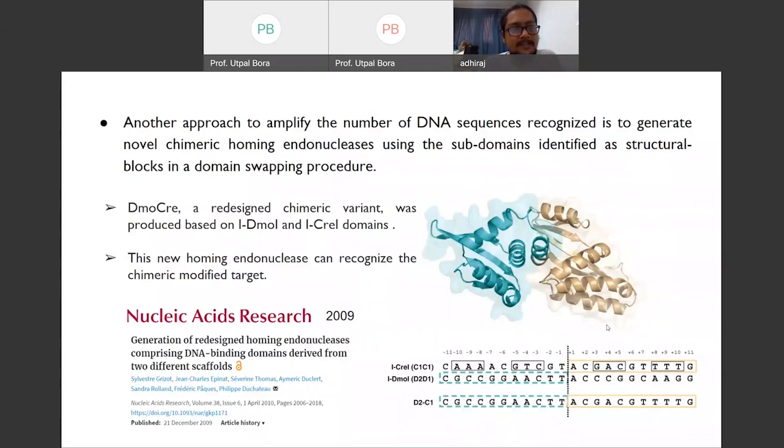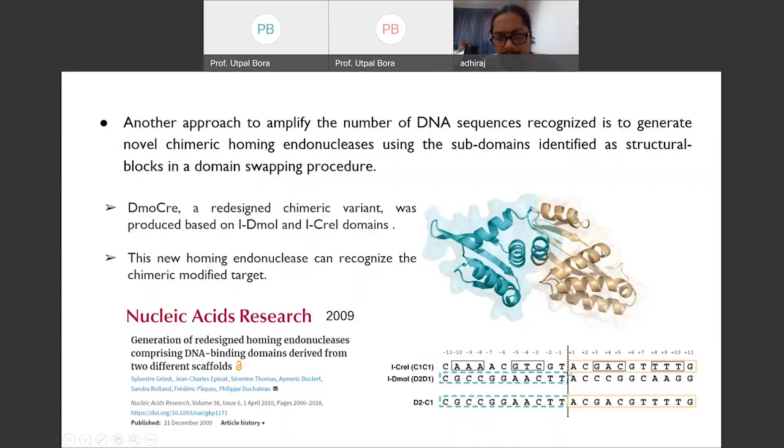So DmoCre is a redesigned chimeric variant that was produced based on DmoI and I-CreI. So DmoI is one endonuclease and I-CreI is another nuclease. So what they did, I'll show you over here. Where is my cursor? Okay. So this is the sequence of I-CreI, right?